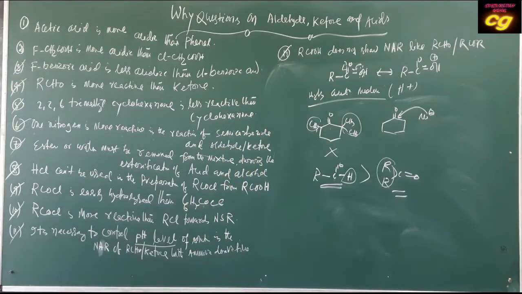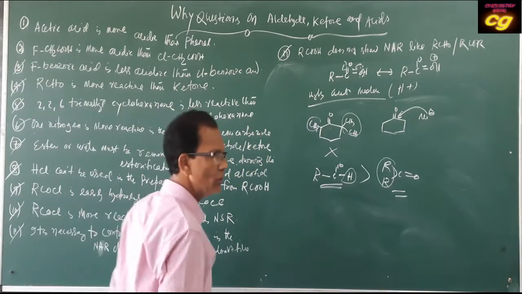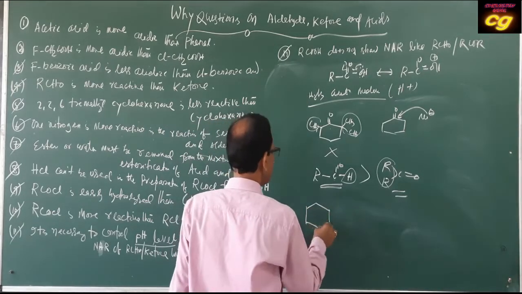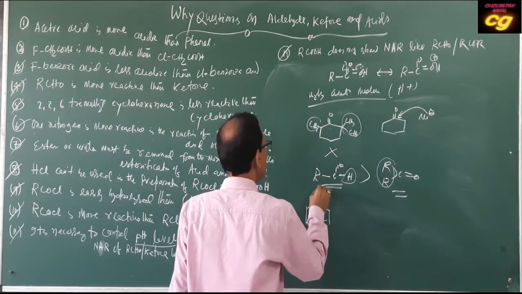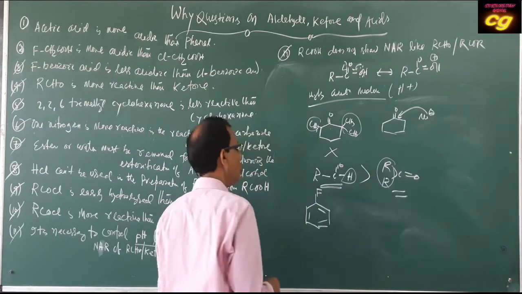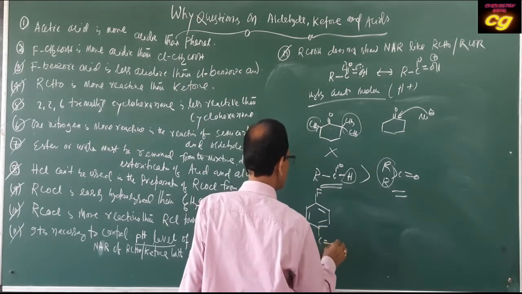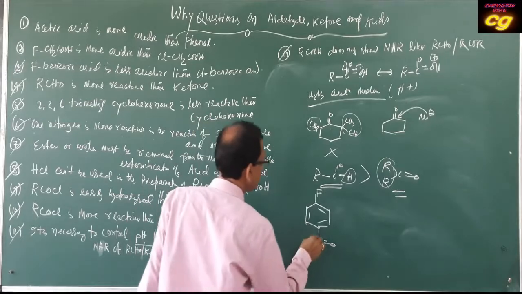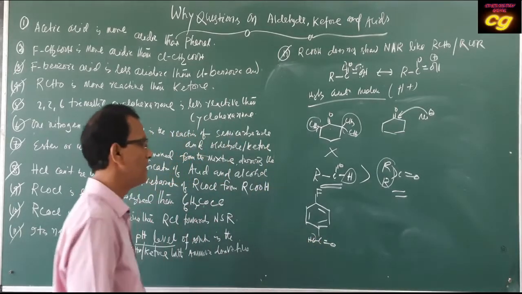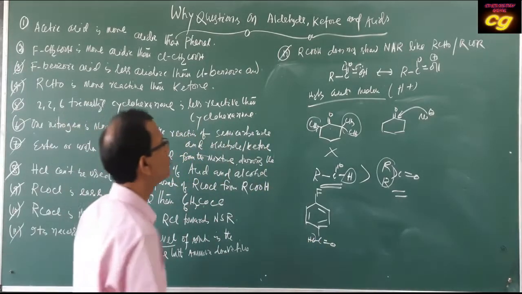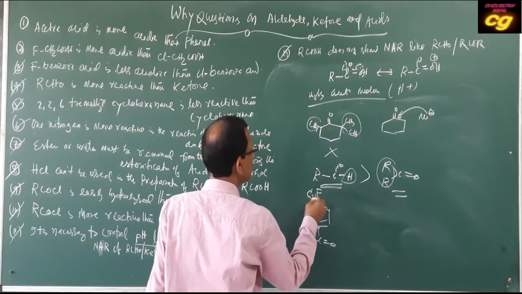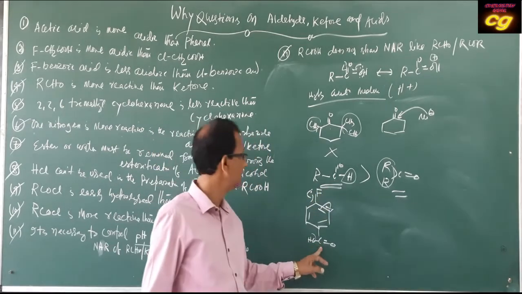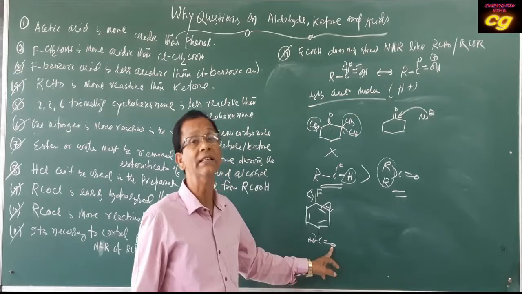Fluorobenzoic acid is less acidic than benzoic acid, although fluorine is electronegative. But why is it less acidic? Very simple answer. If you draw the structure of fluorobenzoic acid, what happens? This is the structure of benzoic acid. In fluorobenzoic acid, due to resonance, the electron density toward the oxygen increases.